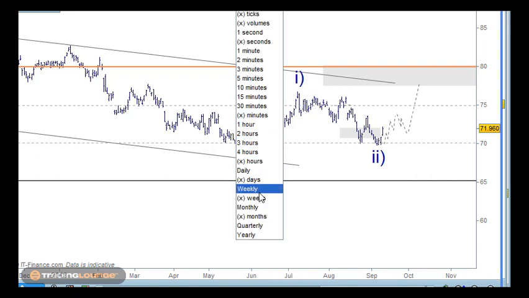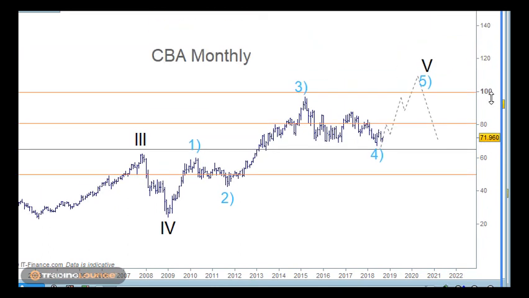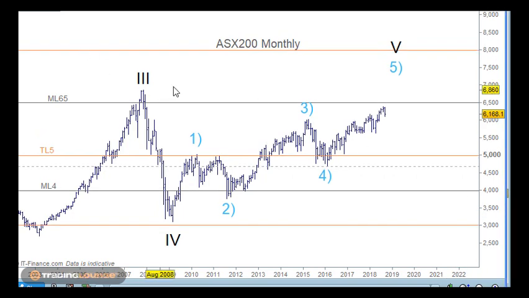But I just want to go back to the monthly chart here now before we look at the ASX. On the monthly chart, with CBA here, we've got a nice strong third wave here, and the fourth wave doesn't overlap wave 1 here. That's the main point I want to take away from here, because when we look at the ASX 200 on the same count, first of all, we haven't taken the top out here, and this wave 4 is overlapping wave 1 here. This is the same on some of the European markets, well, the FTSE I mentioned before, but the FTSE's taken out its high here.